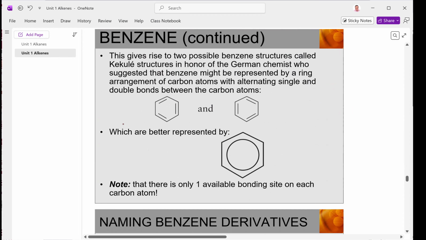Now, the reason why they put a circle in the middle is because notice where the double bonds are placed here, and it goes back and forth. And that's why it's more stable than just a plain old double bond, because it spreads out that instability over the whole molecule, where a plain double bond doesn't.